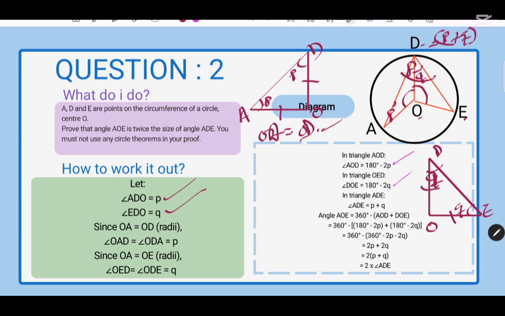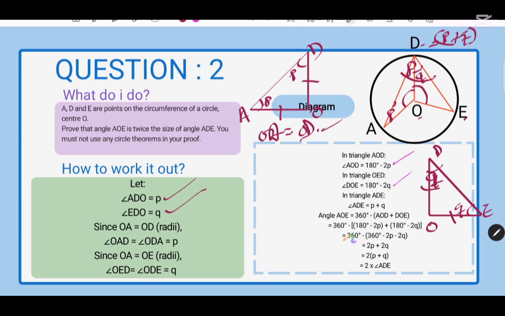So angle AOE is equal to 360 minus this and this, which is 180 minus 2p and also 180 minus 2q. So 180 and 180 is 360, minus 2p minus 2q.